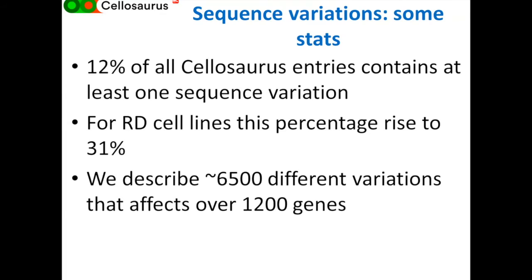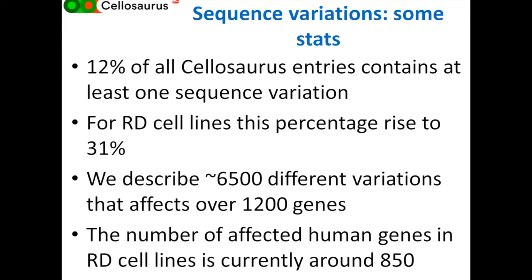In total, inside Cellosaurus, we describe 6,500 different variations that affect over 1,200 genes. But if you look at the human genes inside rare disease cell lines, that's about 850. So we now have sequence annotation on mutations touching about 850 genes in the Cellosaurus in the context of rare disease.